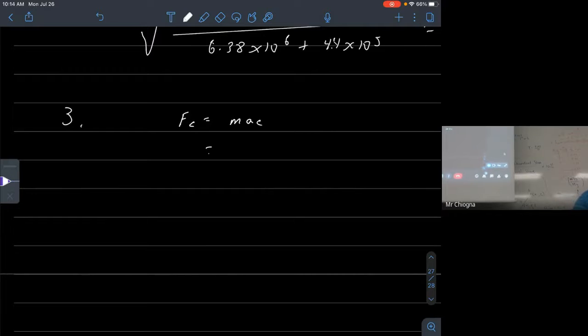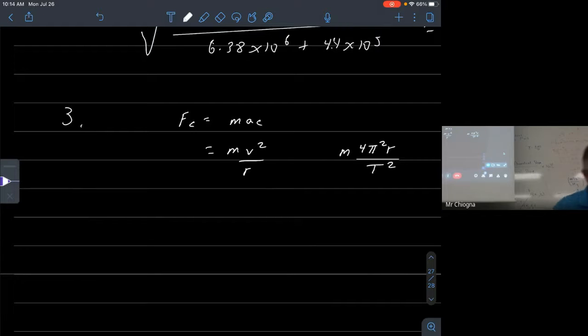Pay attention to the right side. Usually it's v squared over r. Sometimes if they mention the period of a satellite, you have to use the other equation, 4 pi squared r over T squared.